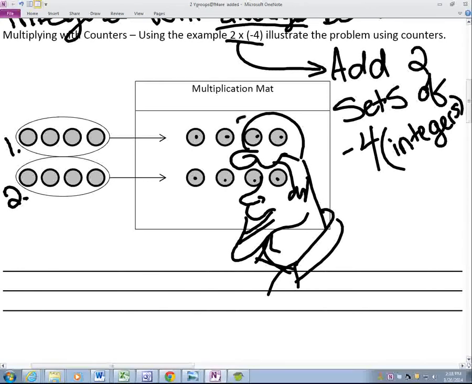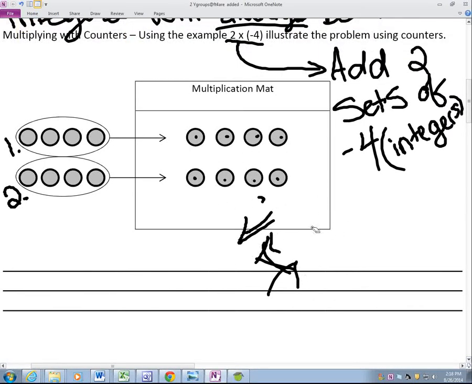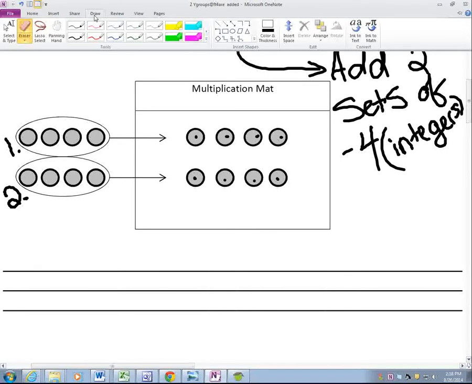I don't know why I did that. I was just trying to point out that there are 8 negative integers there, and they looked like eyeballs, and I got distracted, all right?